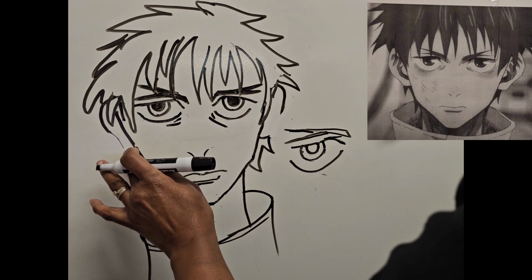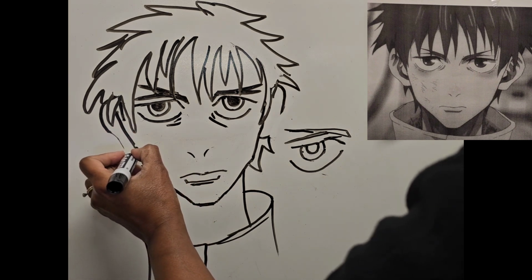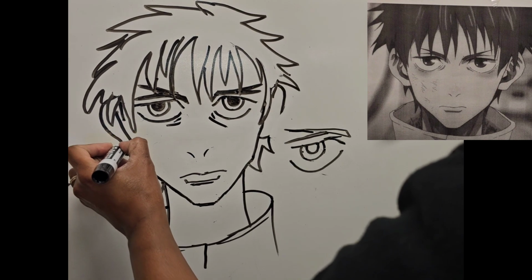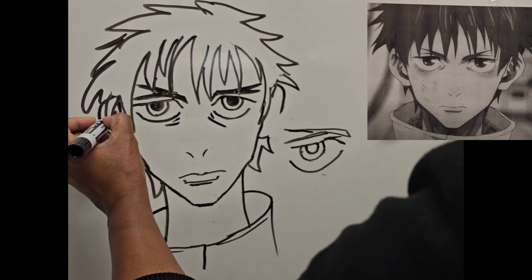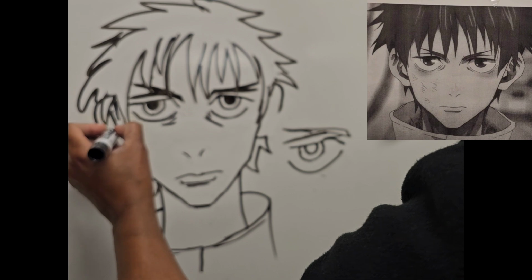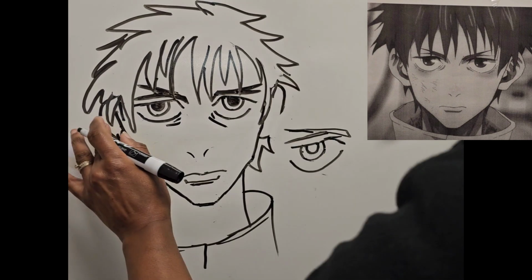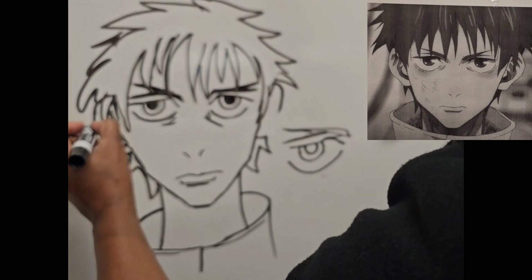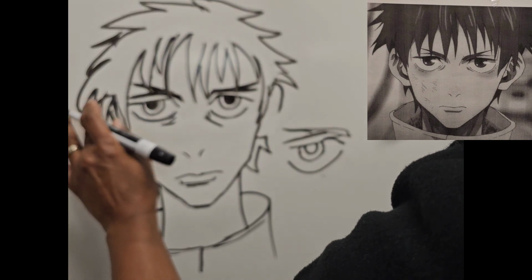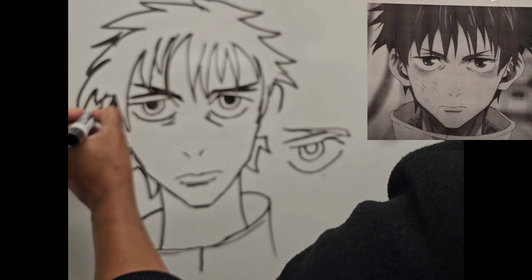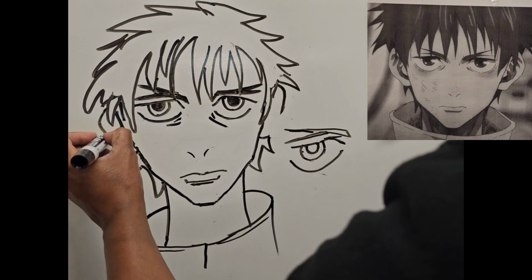Let's see. So it's straight here, and then it comes around and meets up there. And that part's there. You got that there. Oops. Take that away. Trying to get this ear.